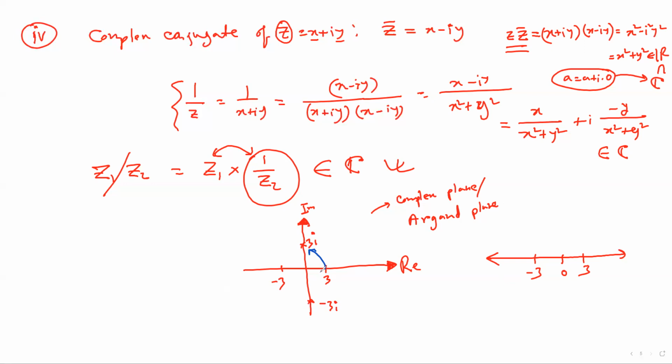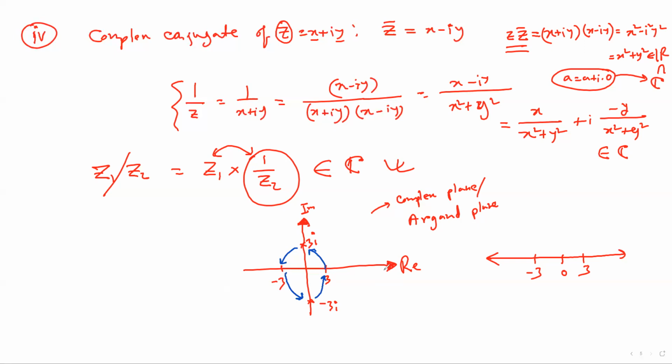And let's verify this fact for the other multiplications as well. If you multiply 3i by i, you get 3i squared, which is -3. If you multiply -3 by i again, you get -3i. And if you multiply -3i by i again, you get -3i squared, which is 3.